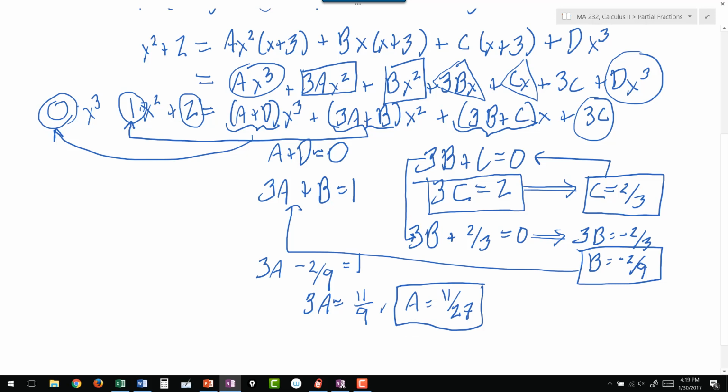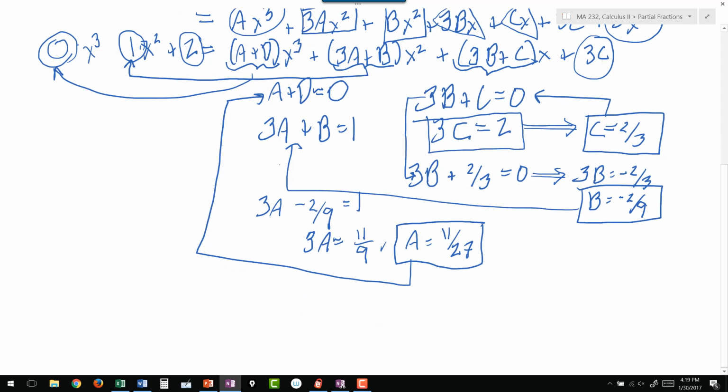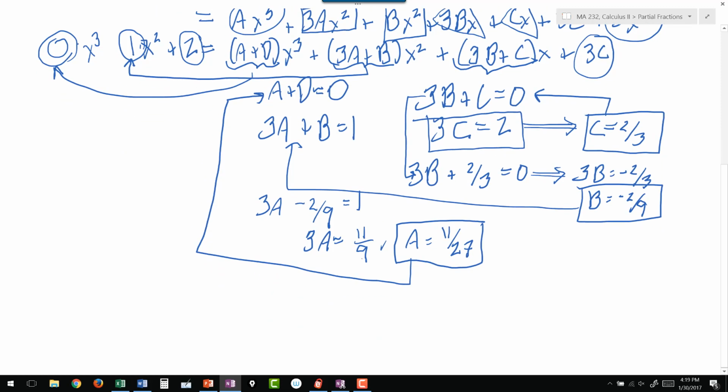And now finally, if a is 11/27, then I can use the very first equation to figure out d. If a plus d is 0, that means 11/27 plus d is 0.